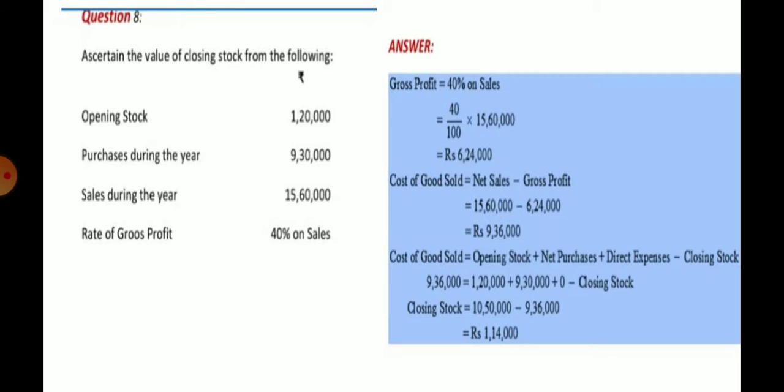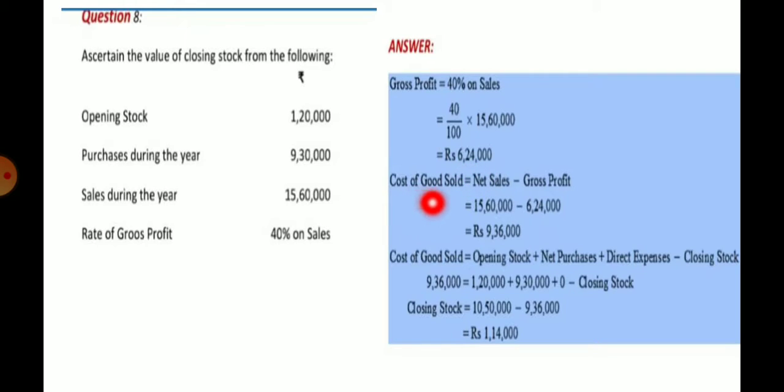Now the 8th question: you have to find cost of goods sold from the following information. Opening stock is 1,20,000, purchase during the year 9,30,000, sales during the year 15,60,000, and rate of gross profit is 40% of the sale. First of all, we have to find gross profit, that is 40% on sales, which is 6,24,000.